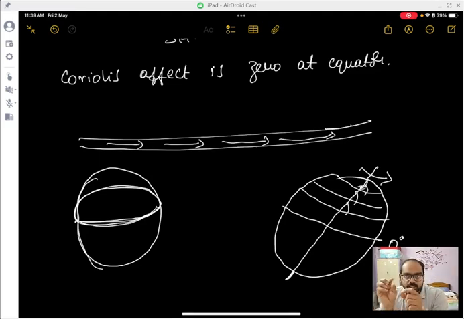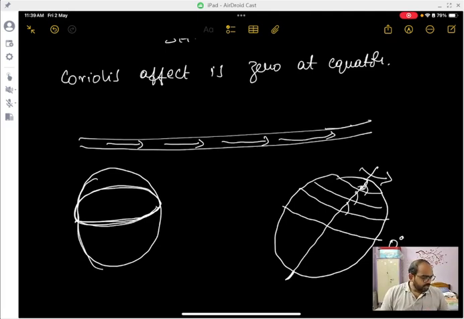So the more tilted you are with the axis of the earth, the stronger the sidewards force. The more tilted you are with the rotation of the earth, that is the spinning axis or rotational axis of the earth, the more is the sideward force. But when you come to equator, the tilt is zero relative to the rotational axis of the earth.